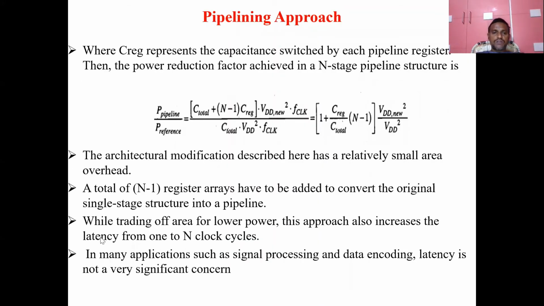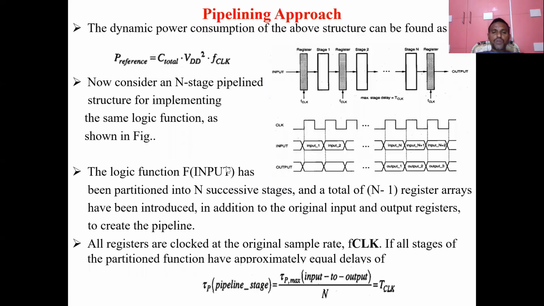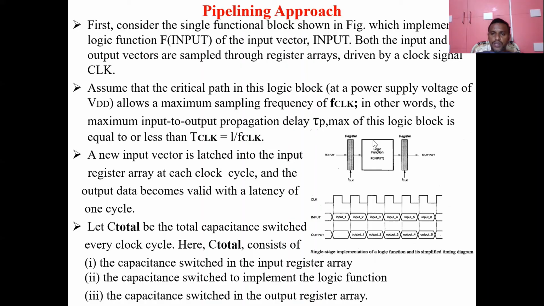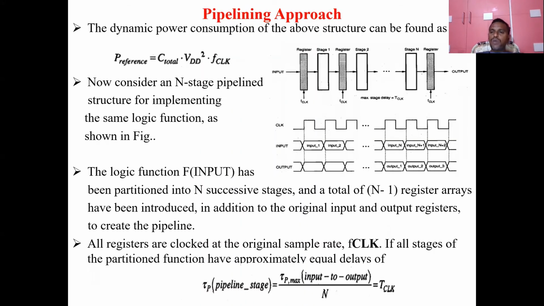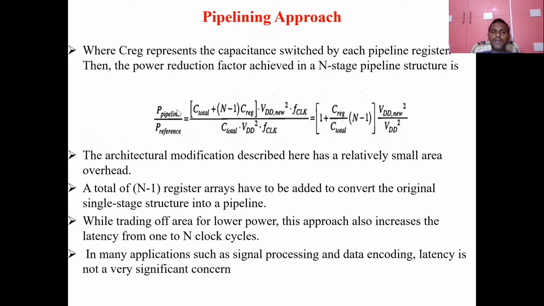So here, P pipeline by P reference is equal to C total, which we have discussed at this point. C total is nothing but the logic function capacitance plus the input register array capacitance and output register array capacitance. But to calculate the pipeline approach dynamic power consumption, we have to include the capacitance of the n minus 1 registers.